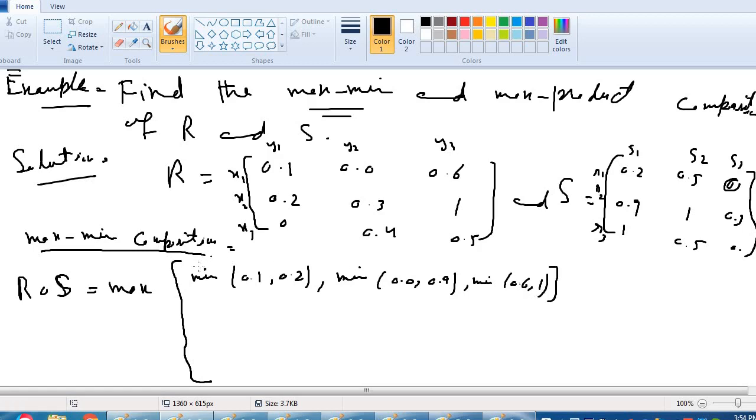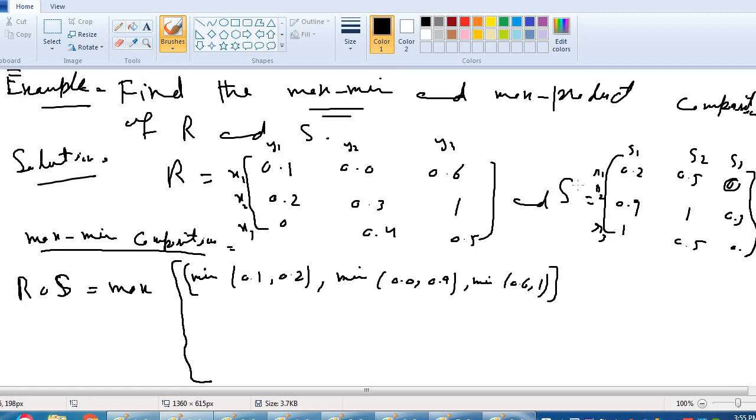So here we get the first number. Then at the end we will take its maximum value. After we solve all of this, we will take its maximum value.